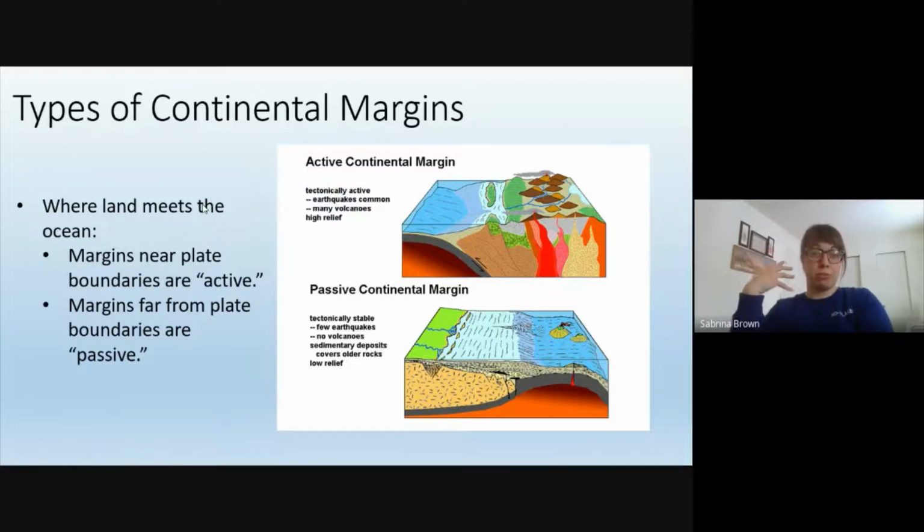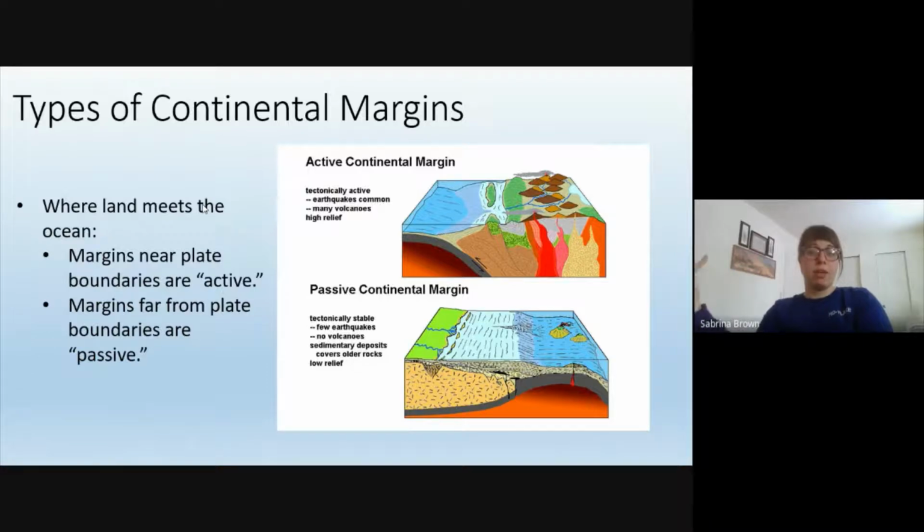active continental margins are what we call tectonically active. So because they're close to plate boundaries, they commonly have more earthquakes and volcanoes. And passive continental margins are what we call tectonically stable, which means they have relatively few earthquakes. They don't have volcanoes.